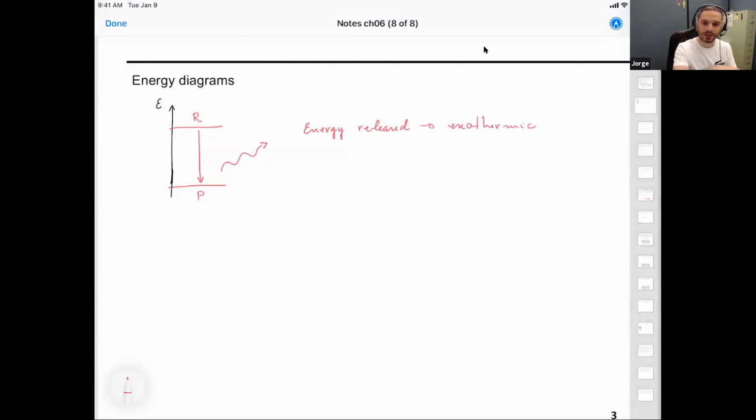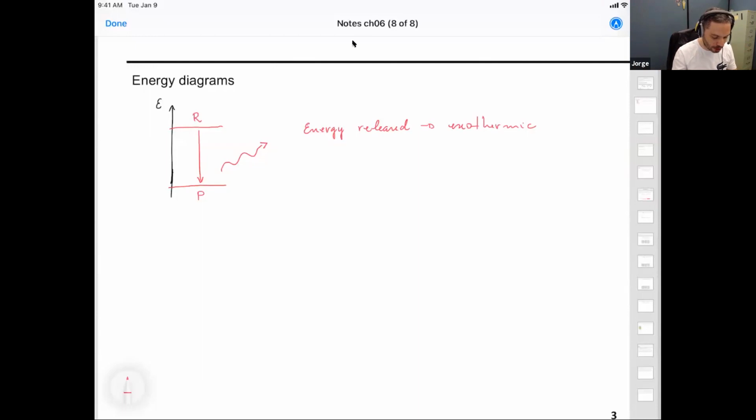When energy is released from the system, we call this kind of chemical reaction exothermic. And in this case, the energy of the reagents is higher than the energy of the products. That means energy was released to the outside system.